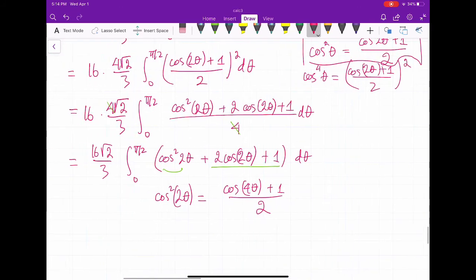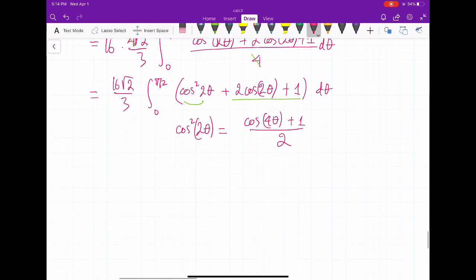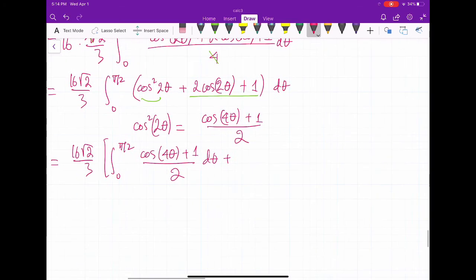So I will write this integral as 16 square root of 2 over 3 from 0 to pi over 2 of cosine 4 theta plus 1 over 2 d theta. Let's break this into integrals. 2 times cosine of 2 theta d theta plus integral from 0 to pi over 2 d theta.